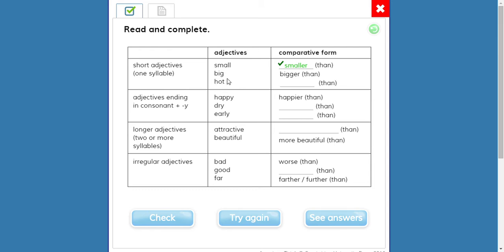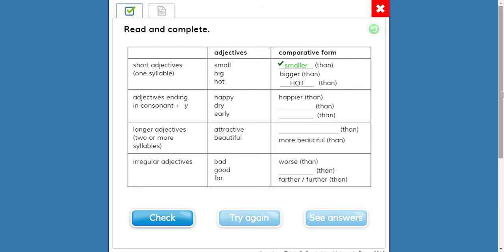In this case, there are also big and hot. Those cases are very similar, but there is an extra rule. It says that with consonant, vowel, consonant, the last consonant, in this case the letter G, repeats. For example, big, with double G and er, bigger. What happened to the last consonant?